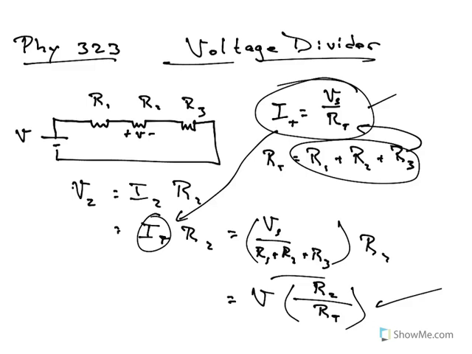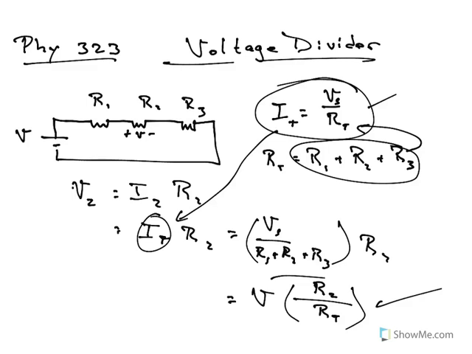If you have resistors connected in series specifically, and you want to know how much of the voltage is dropped by a particular resistor in that series, well, you take the ratio of the resistance of the resistor you're trying to calculate, divided by all the resistors that are in series added together, the total resistance, and you multiply that ratio by the total voltage.